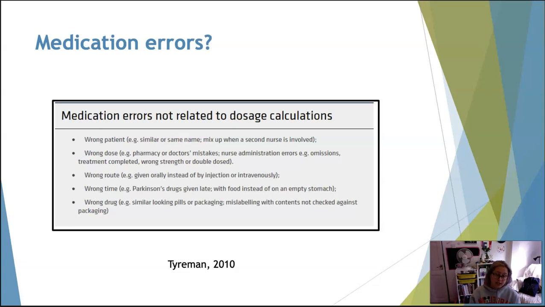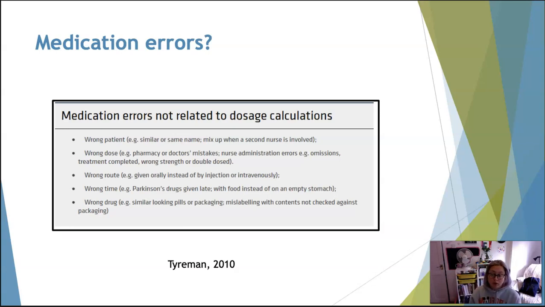You know, go and give this to Betsy in bed 2, where there's also a Betsy in bed 4, and all the staff member listened to was Betsy and didn't double check which bed the patient was in because they weren't following the appropriate policies and procedures.